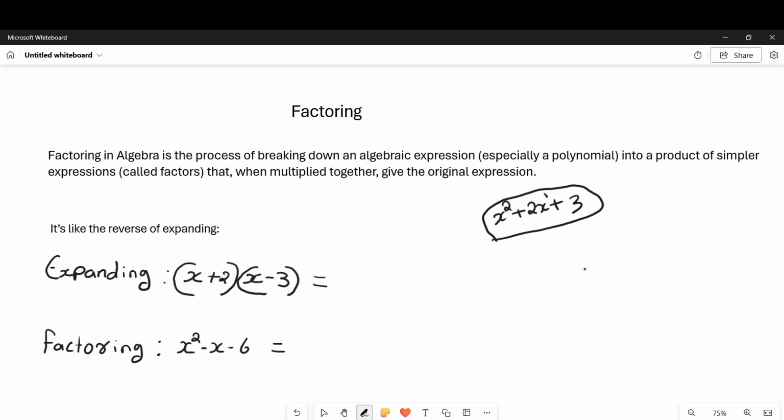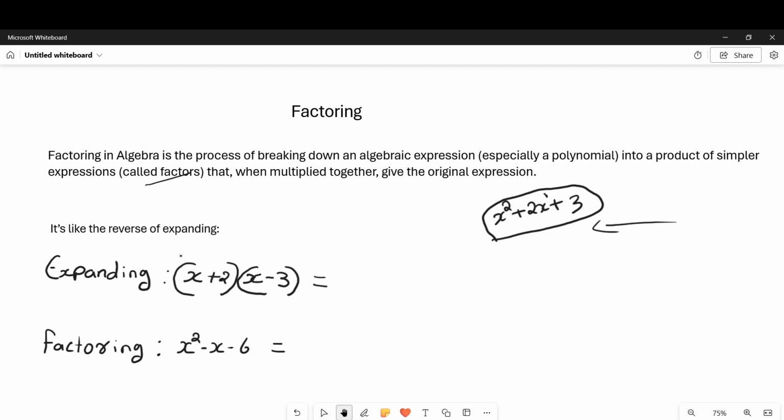Here this is a polynomial expression, and we need to break it down into a product of similar expressions called factors that, when multiplied together, give the original expression. So when we break this expression down into smaller factors and multiply them, we need to get the original form. This is called factoring an expression.